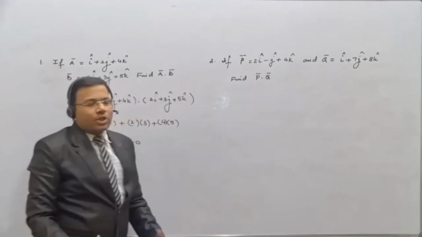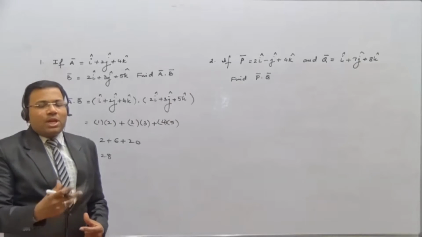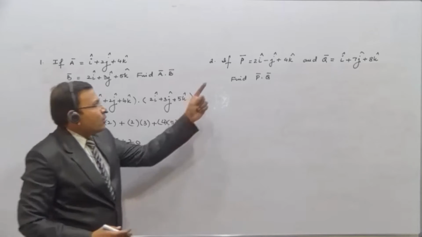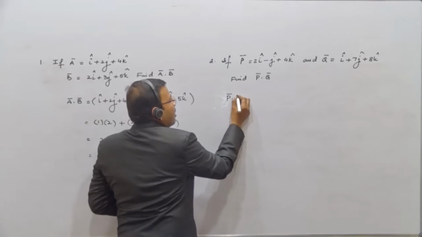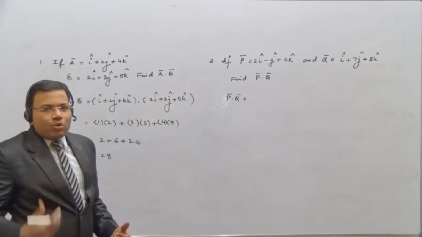That means the dot product of two vectors again. It's not necessary that we always take A and B as the representation of the vectors. You can take P and Q also. So here, I want to multiply this as a dot product. I'm doing it directly, or you can write the steps and do it.